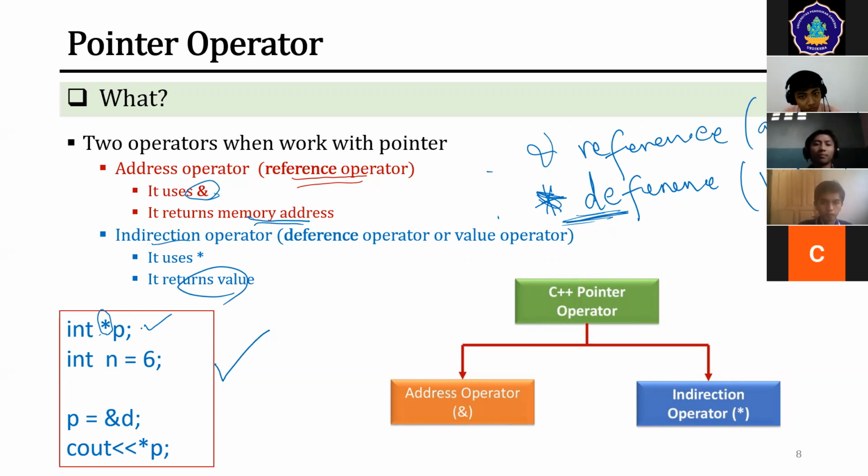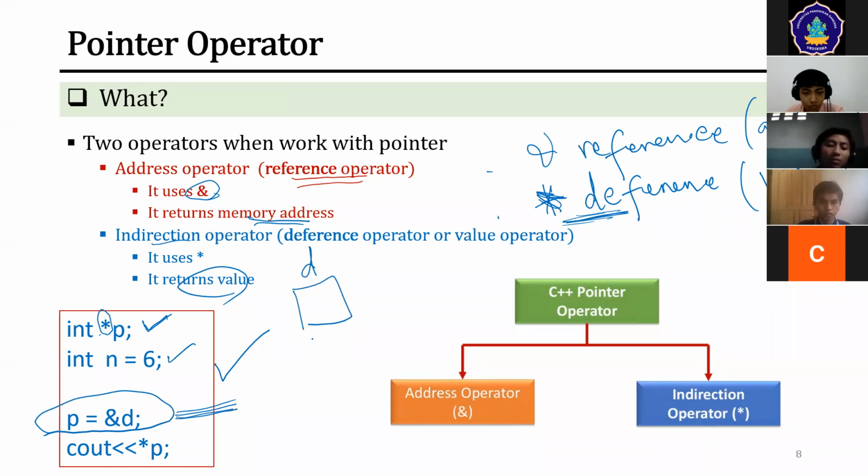So here, you make a pointer using the syntax of a pointer, and then you create a normal variable. Let's say n equal to 6. And next, this is how you use a pointer, because a pointer stores an address. What you assign to the value of p here is an address, right? Whose address? Address of d. Example, you have variable d, and let's say its address is 1ABC, and the value is 6.